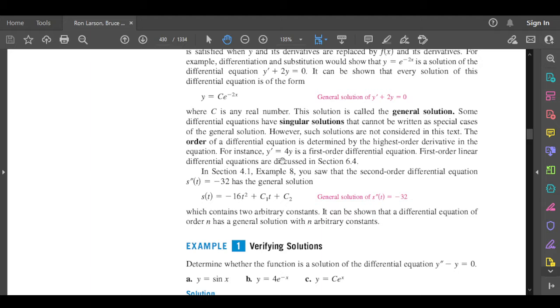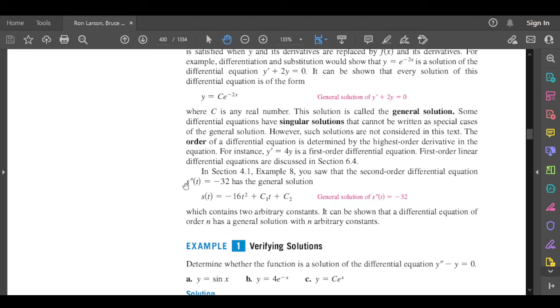Okay, another example, for instance, we have y' = 4y. So this is a first order differential equation. First order linear differential equations are discussed in... Okay, so this is a differential equation.